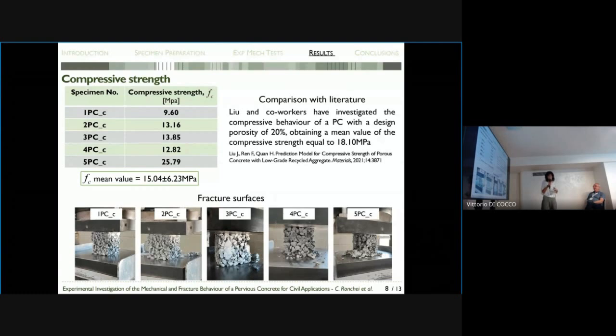Regarding the specimen fracture, it can be observed that the fracture surfaces are quite flat. Thus, failures usually occur both in the aggregate and in the cement paste between aggregates.